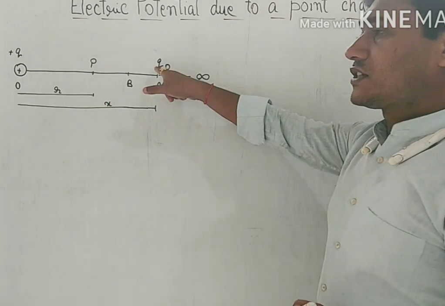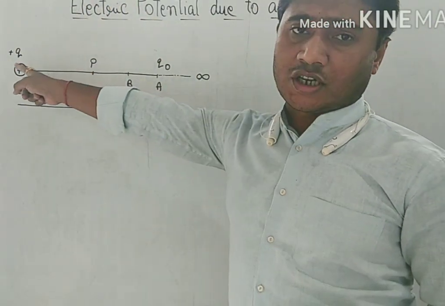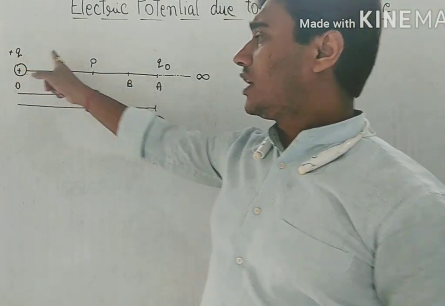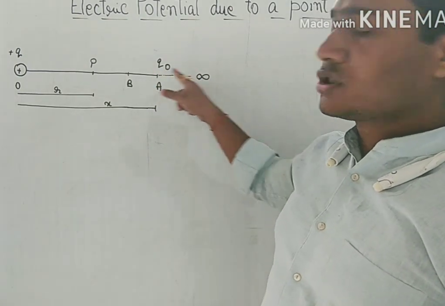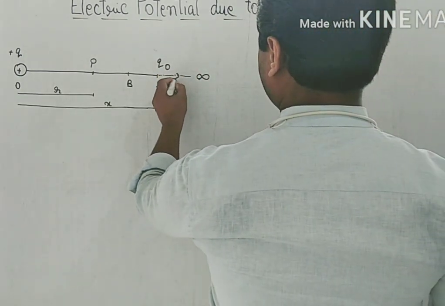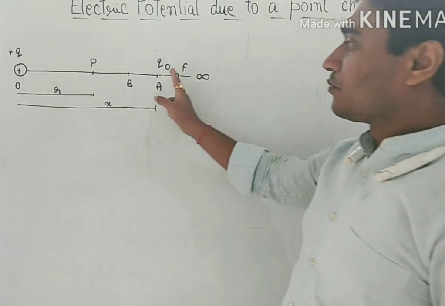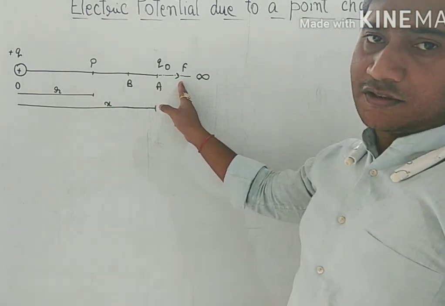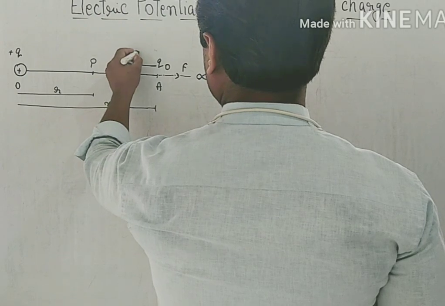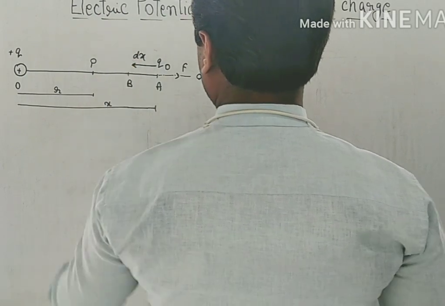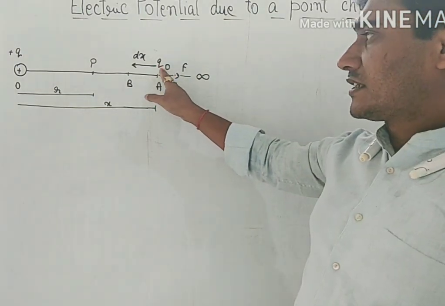So when this test charge is placed at A in the electrostatic field of this source charge, the source charge will apply a force of repulsion on it, which will be radially outward along this line. We will be shifting this test charge against this force of repulsion through a small displacement, say dx, without any acceleration on the test charge.